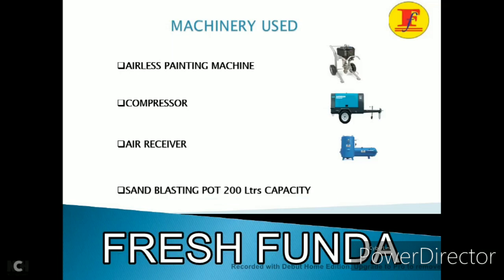Sandblasting pot, 200 liter capacity. The sandblasting pot, or you can use grit also. Here we are talking about sand, but we can use grit also. Breathing pot. This is the breathing pot.